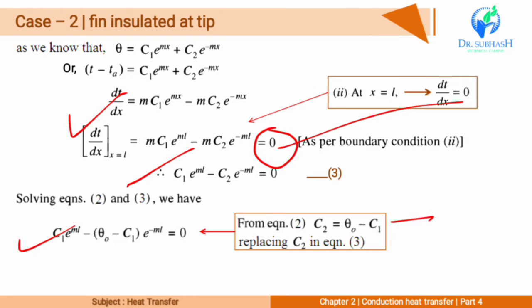So, we get this term. Multiplying theta 0 with e raised to minus ml and C1 with e raised to minus ml, we get C1 e raised to ml minus theta 0 e raised to minus ml plus C1 e raised to minus ml is equal to 0.